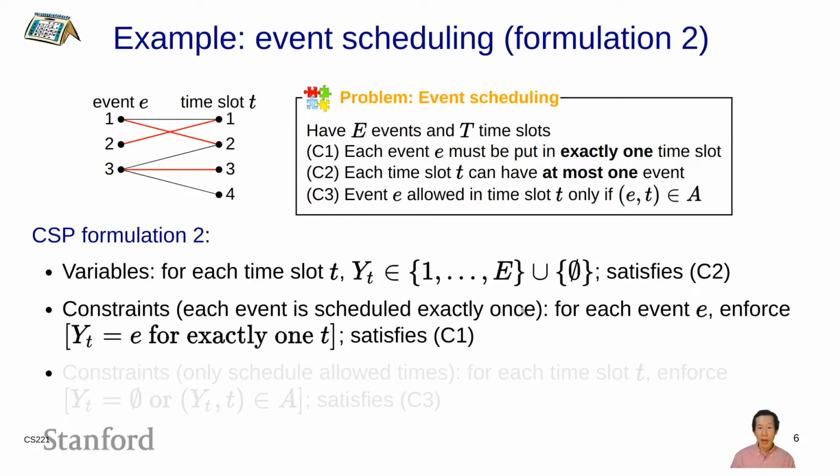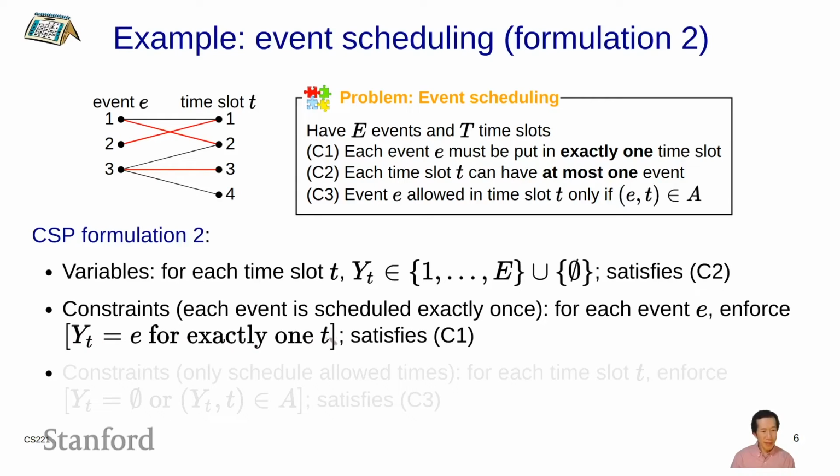So here, all variables are in terms of time slots, but condition 1 is in terms of events. So again, we're going to have to define a constraint that touches all the variables. So for every event, I need to enforce that if I look over all the time slots, that event shows up exactly once.